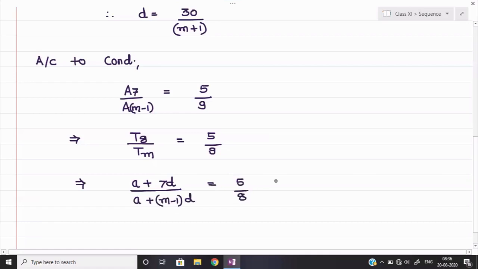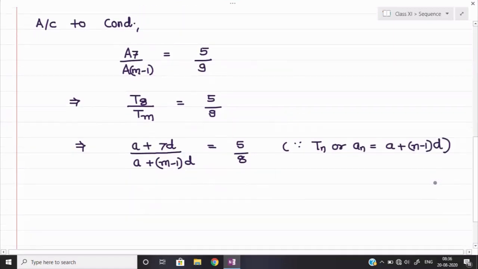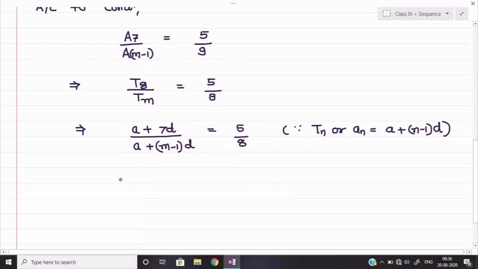You know that the formula of tn, or an, is a plus n minus 1 into d. The same formula I applied on tm. Now we will do the cross multiplication, and I am putting the value of a also, which is given as 1.